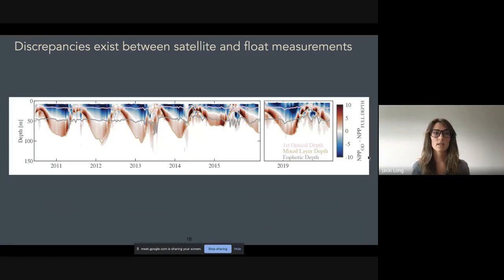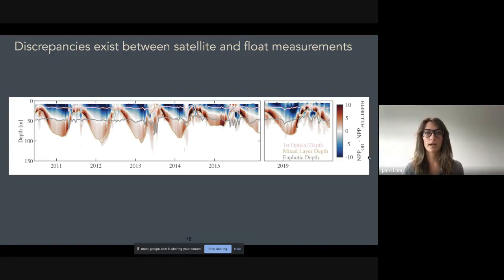And not too surprisingly, we see the major differences occur when we have an increase of the mixed layer below the photic depth, because the original CBPM assumes that everything's kind of homogeneous throughout the mixed layer, whereas you probably don't have as much primary production underneath the photic depth. This is a well-known issue with the CBPM model, but now we're just graphically representing it.